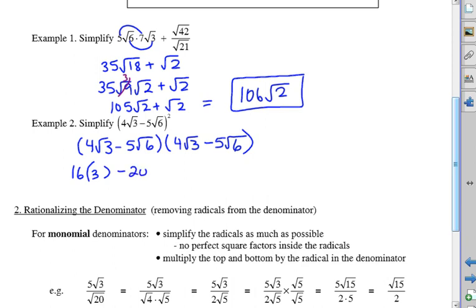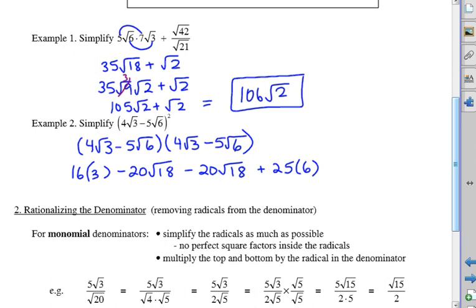Negative 20 root 18. And then again, it's a perfect square, so it's going to have the same middle. You don't even have to think about it. I mean, you could check your work. Negative 20 root 18. Yep. And then negative 5 root 6 times negative 5 root 6 plus 25 times 6.